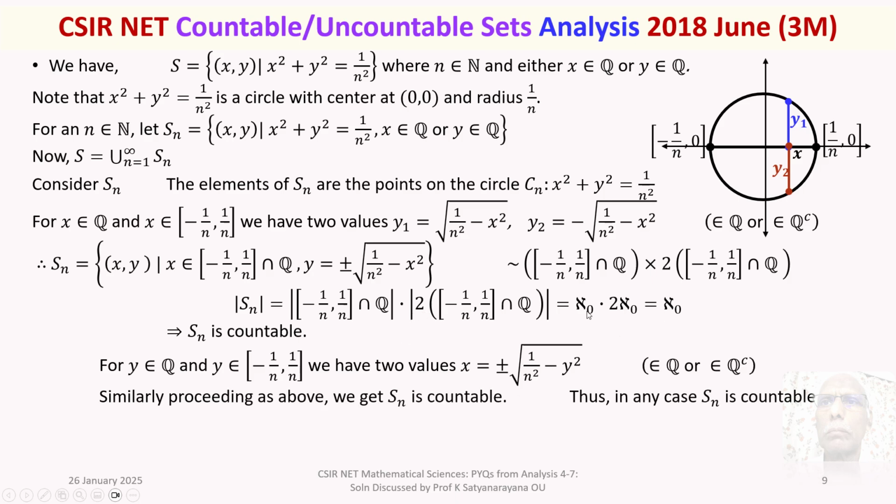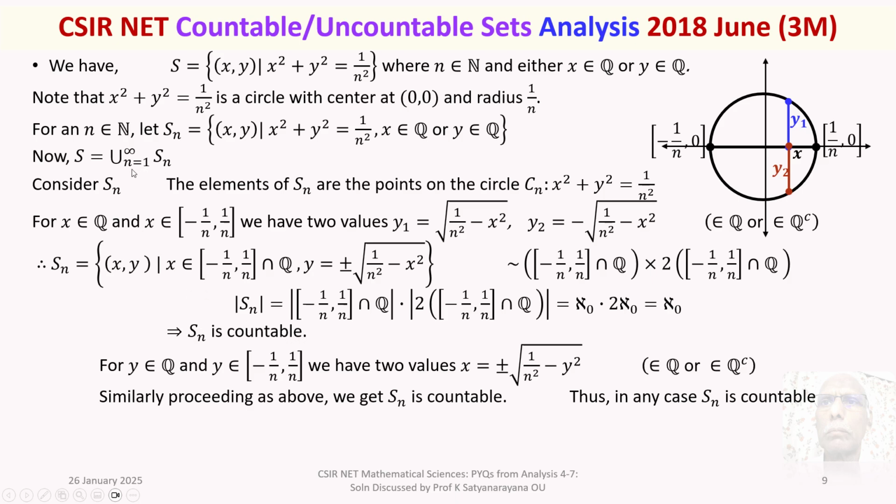You will get aleph-0 multiplied by 2 times aleph-0, which is equal to aleph-0. Sn is countable. Thus, in any case, Sn is countable. Whether x belongs to Q, or x belongs to Q intersection this interval, or y belongs to Q and y belongs to this interval, the Sn will be countable. And for a given n, Sn is countable.